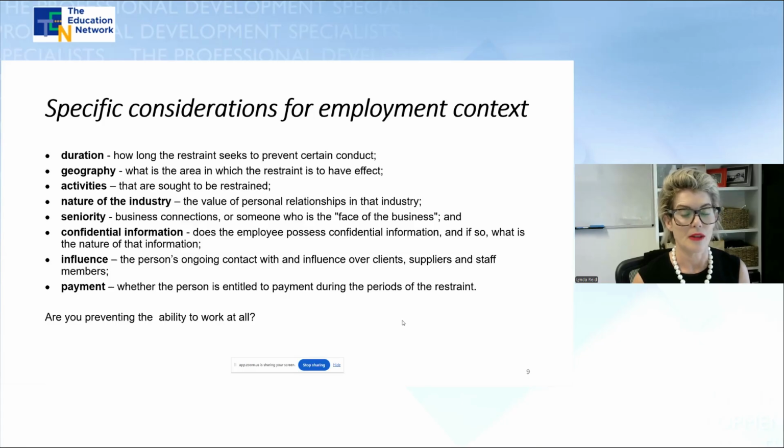So looking at whether or not I'm preventing somebody from the ability for them to work at all is something that was actually considered in a case which is set out in the accompanying paper, and that's Just Group Limited and PEC. PEC was a CFO for the Just Group, and the Just Group was trying to prevent or restrain PEC from working for, and they listed 50 different companies.